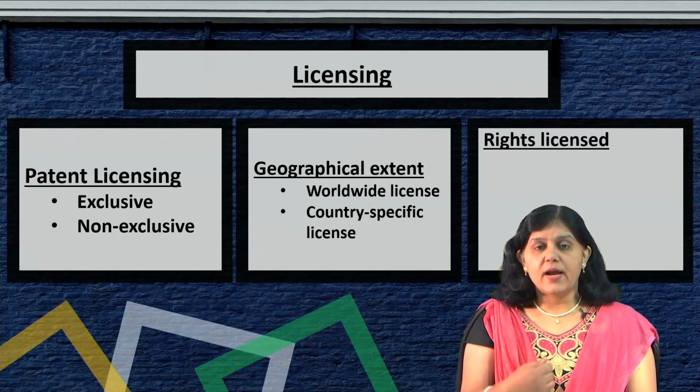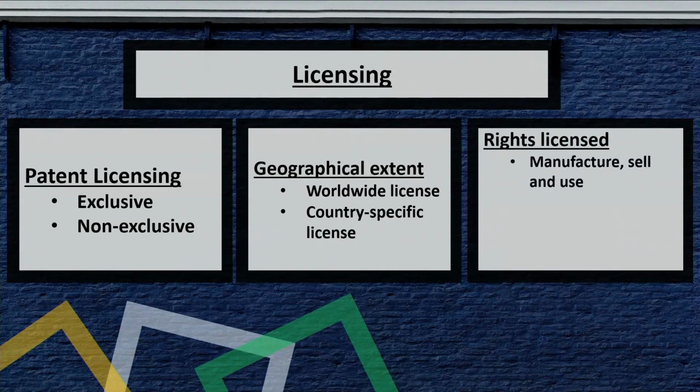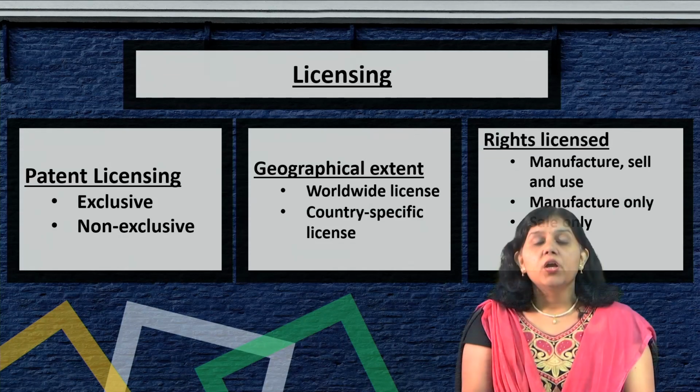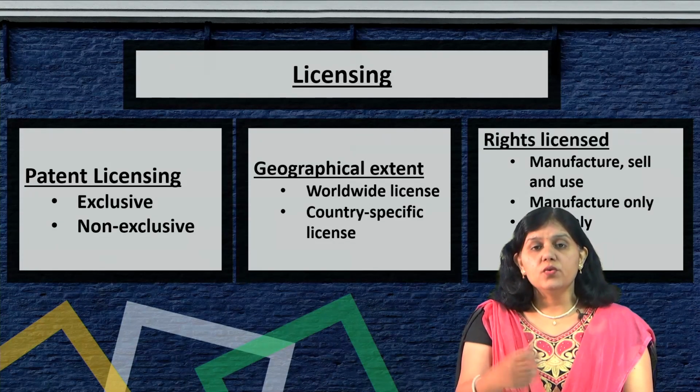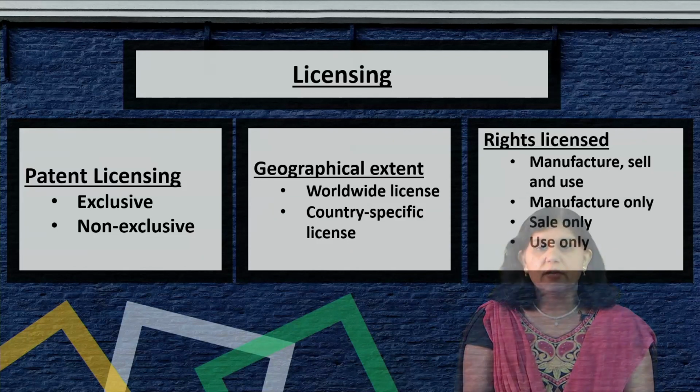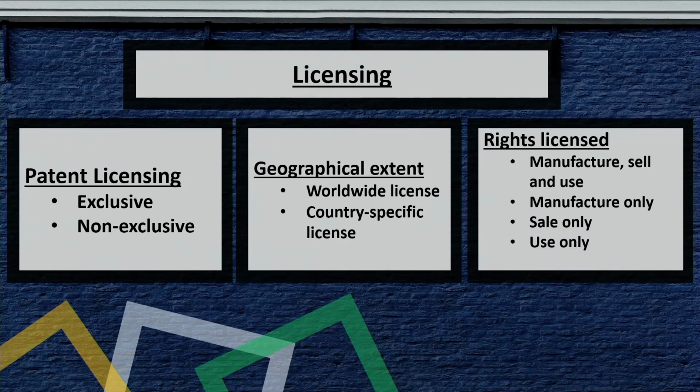You can give rights for manufacture, sale and use, or only for manufacturing, or only for sale, the distributorship and so on. You can also give the right to only use the invention for their own benefit. That only right you can transfer.